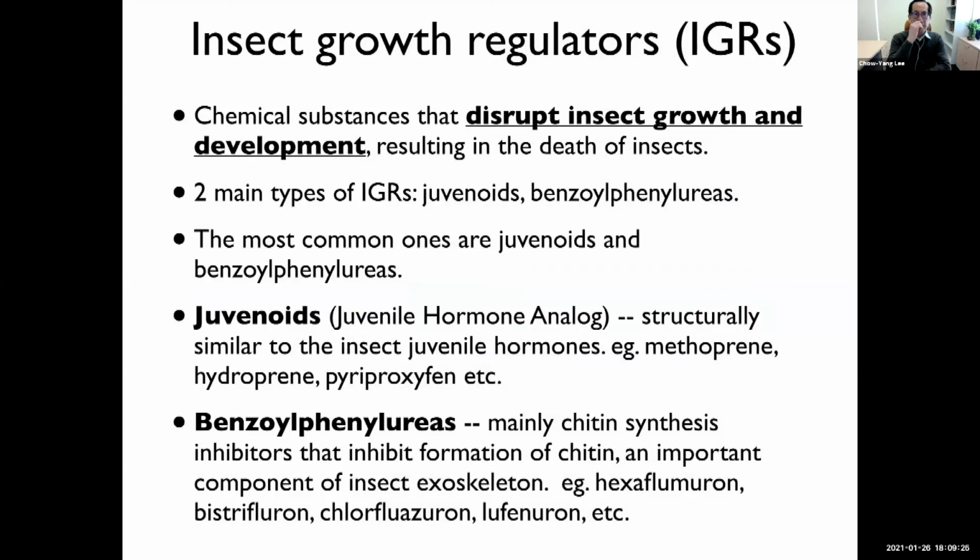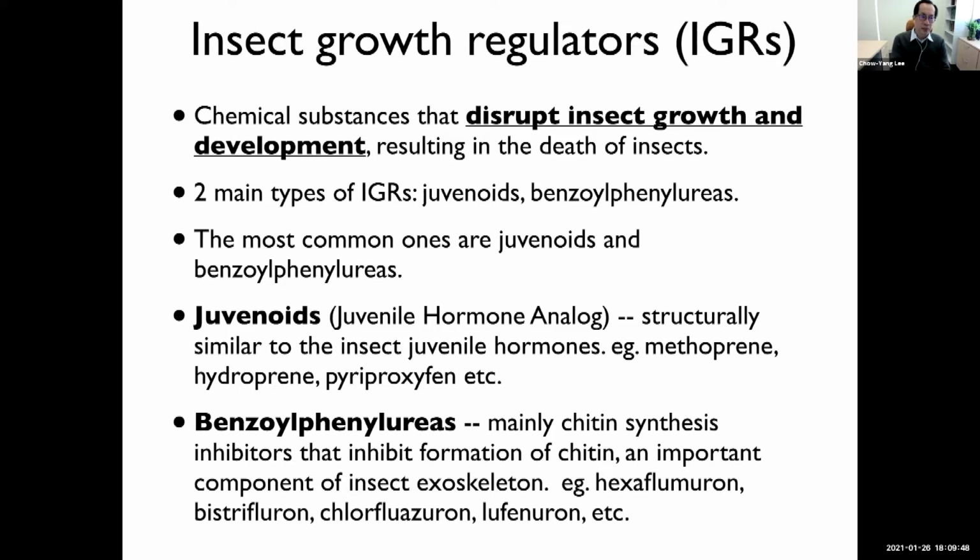Next, it's the insect growth regulator. These are chemical substances that disrupt insect growth and development, resulting in the death of the insects. Essentially, there are two types of IGR. The first one is known as juvenoids, or sometimes we call them JHA, juvenile hormone analogs.